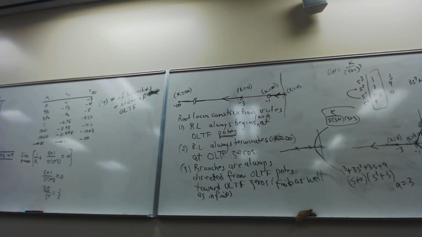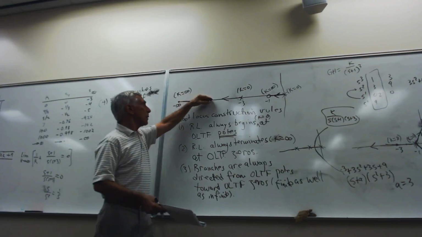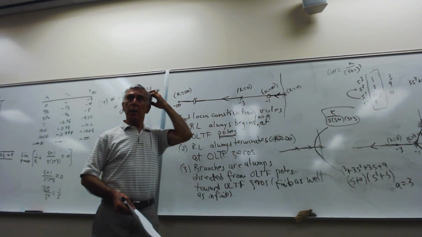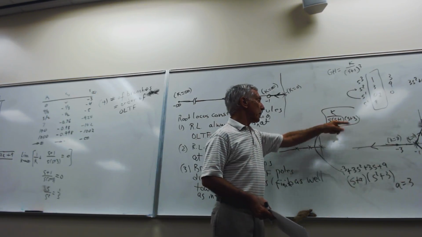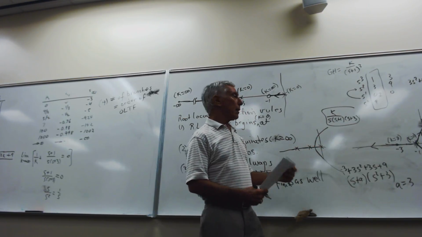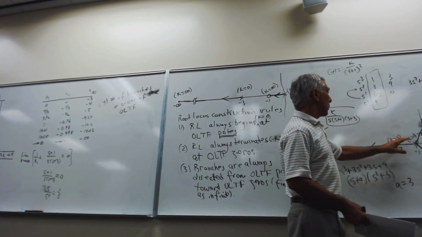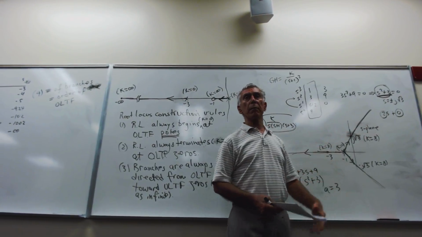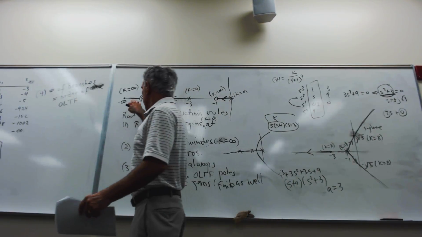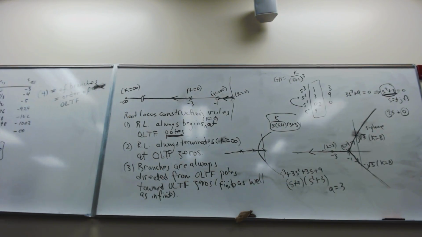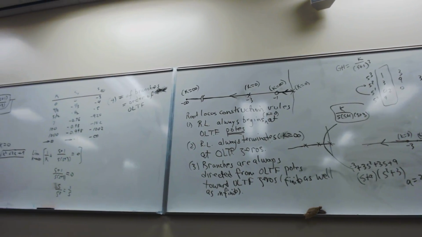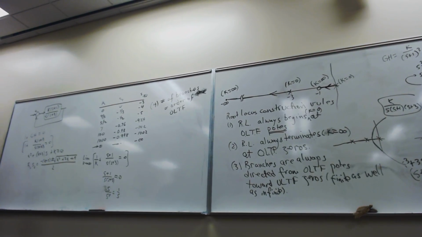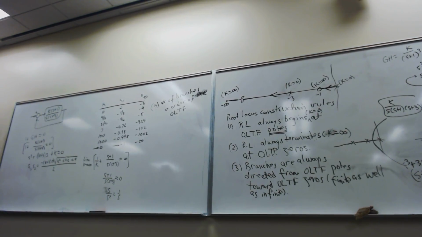We have 2 branches, one branch here and one branch there. This system here, third order, 3 branches. This system here, third order, 3 branches. Okay, so these are root locus construction rules that apply to any root locus, and we'll add to that next time.